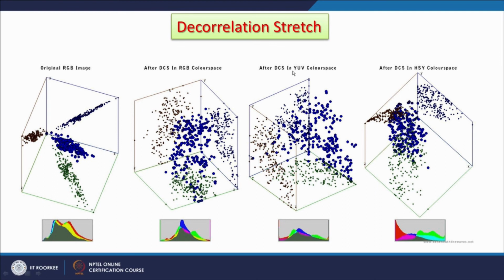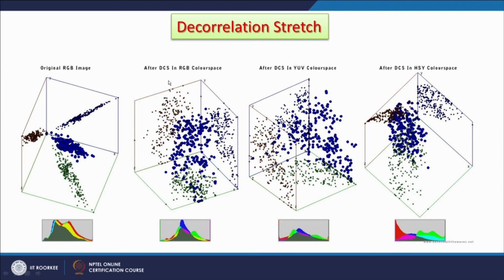And this is another color combination, where we are occupying much more of the area available within the color cube. And in HSY, the hue, saturation and yellow color space, we are occupying a little less.